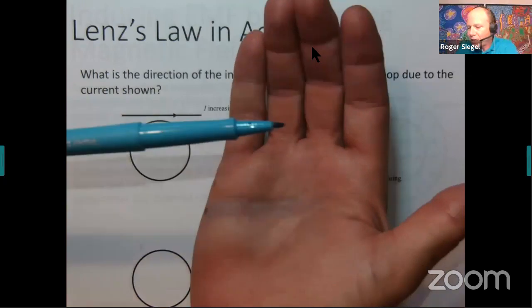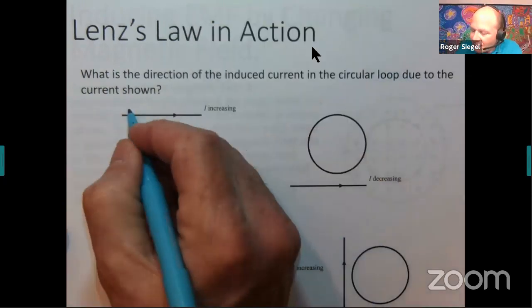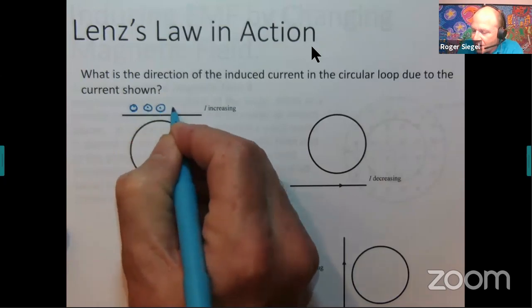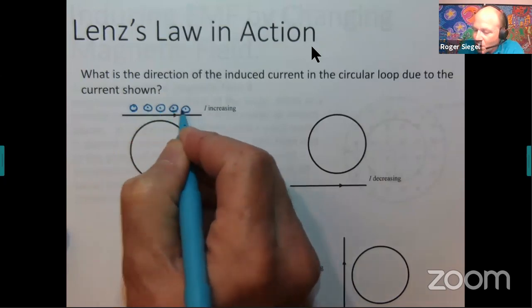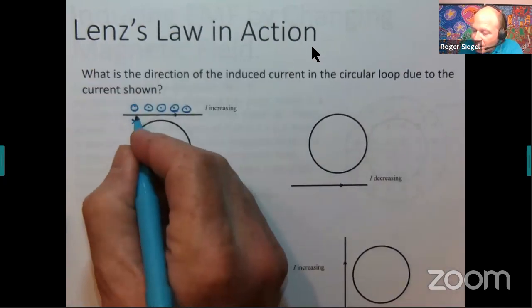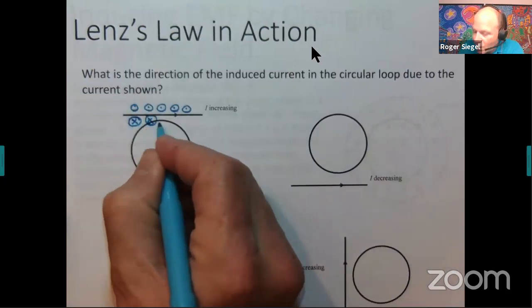So let's take a look at that. Hopefully you can see the magnetic field is coming out of the page on this side of the wire, and it is going into the page on the downside of the wire.